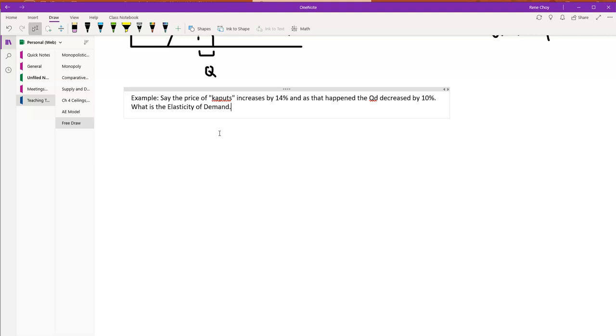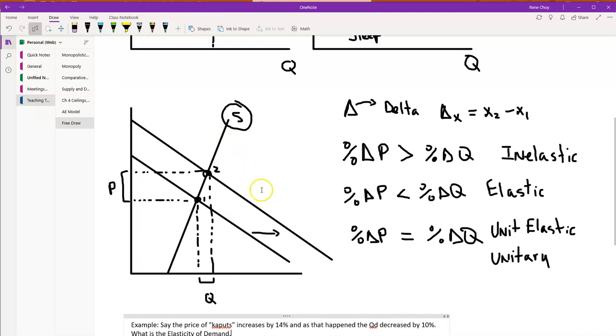All right, notice a couple of things here. First, when you're talking about elasticity of demand, there has to be a negative relationship between prices and quantity demanded. And the reason for that is because the demand line is a downward sloping line, or it represents a negative relationship between prices and quantities. So every time you see prices go up or increase, you're going to see quantities decline, as you can see here.